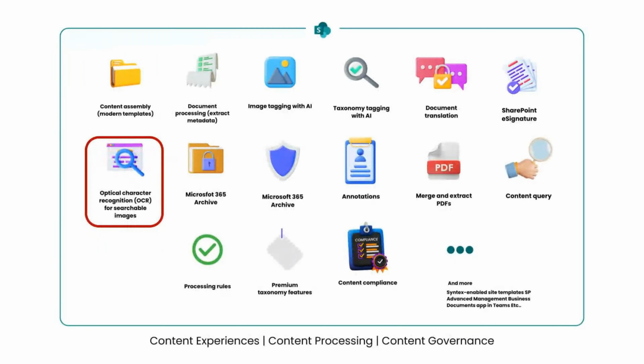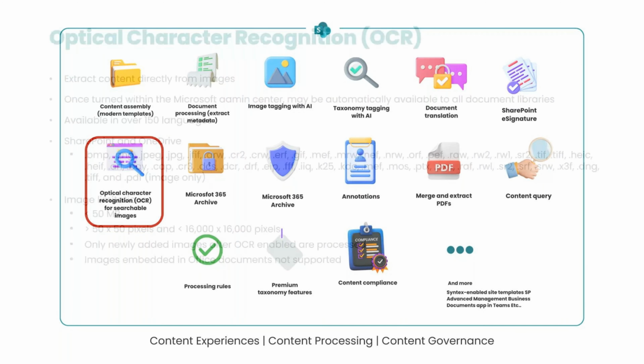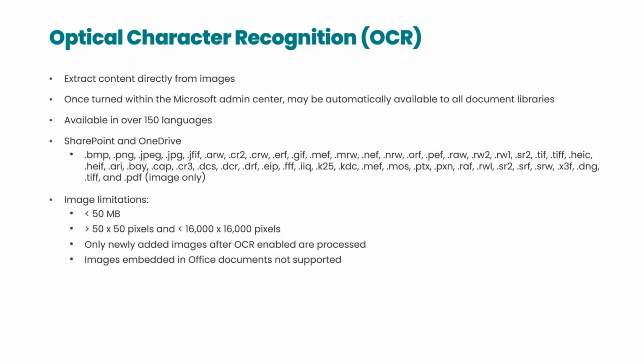Okay, so the next feature that we are going to explore under content processing is OCR, that is optical character recognition. Next slide. OCR allows you to extract handwritten or printed data from image files and make it available in search index.